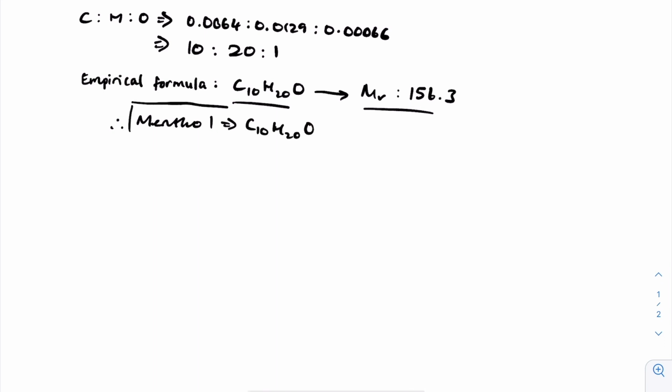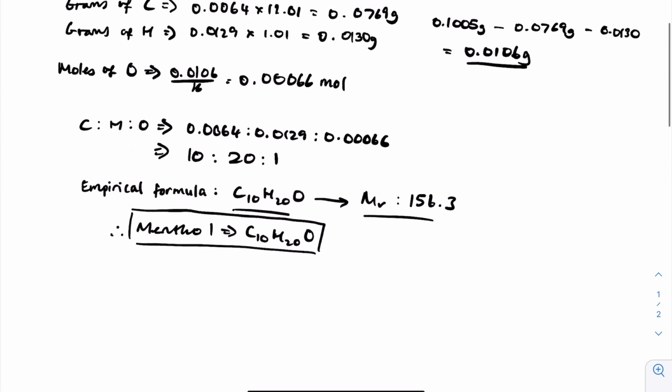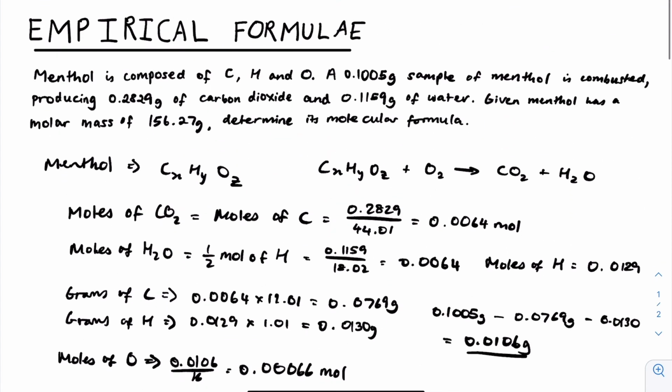So the empirical formula can be the same as the molecular formula, because in this case, obviously 10, 20, and 1 cannot be simplified further, and it is possible for a compound to have the same empirical formula as its molecular formula, but it's not always true. That's what we're trying to prove here.